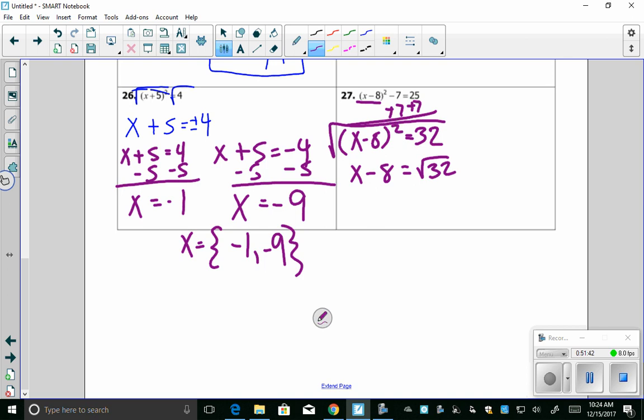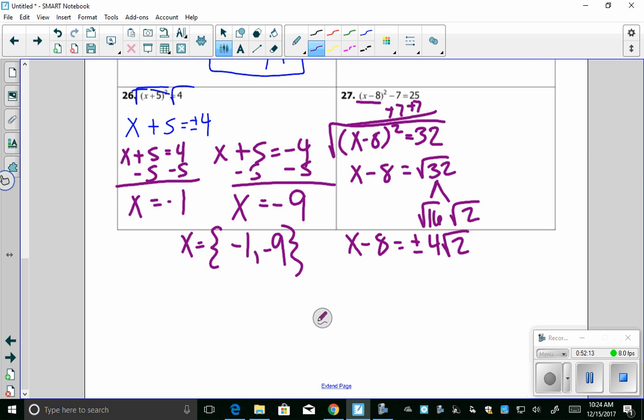Now, 32 is not a perfect square, so this is how you would write this one. Go ahead and break this down. A perfect square that will go into 32 is 16. So that you get x minus 8 equals plus or minus 4 square root of 2.